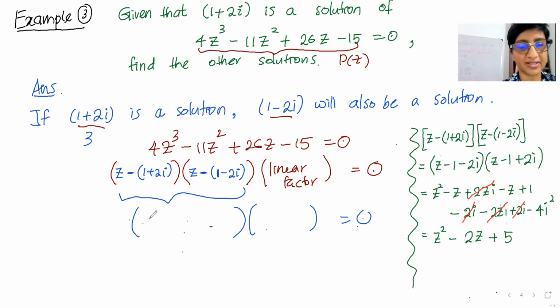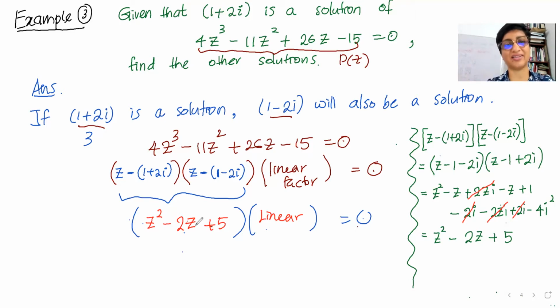So we have figured that this is a quadratic, and then the other one is a linear factor equals to 0. If we divide the original polynomial by this quadratic, you will get that linear factor. And by equating that to 0, you can solve it. You can find the third root.